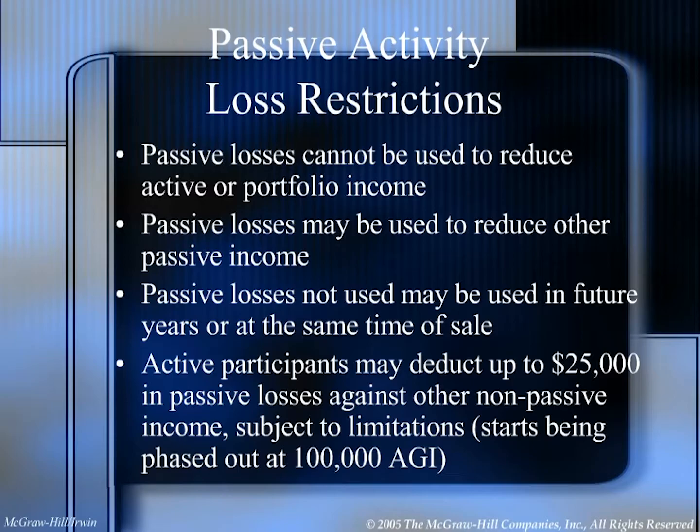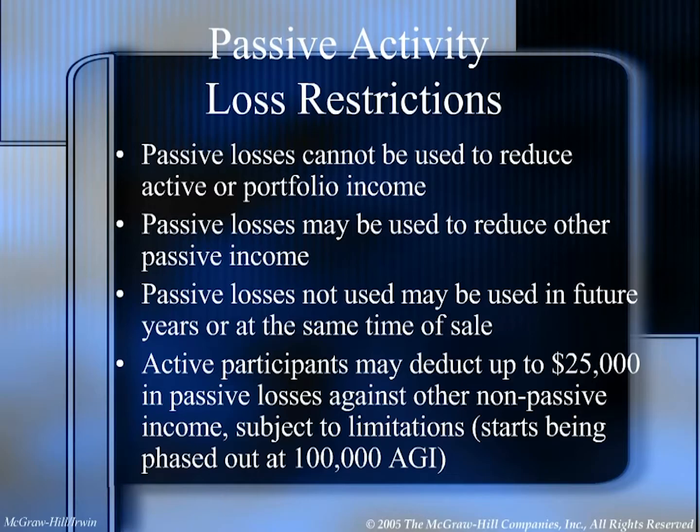So you can start off doing this, but once you start making an awful lot of money, you can't do it anymore. Or you can do it, but you don't get the tax benefit of using those passive losses against your active income.